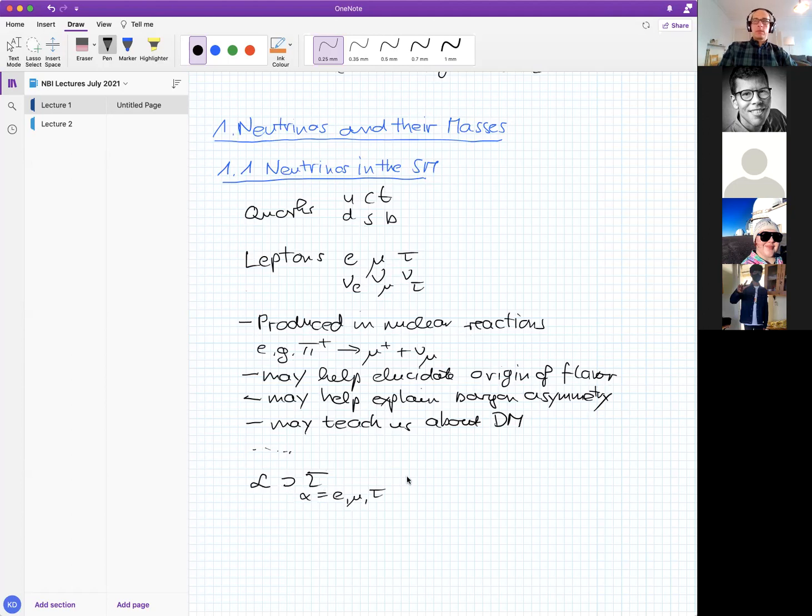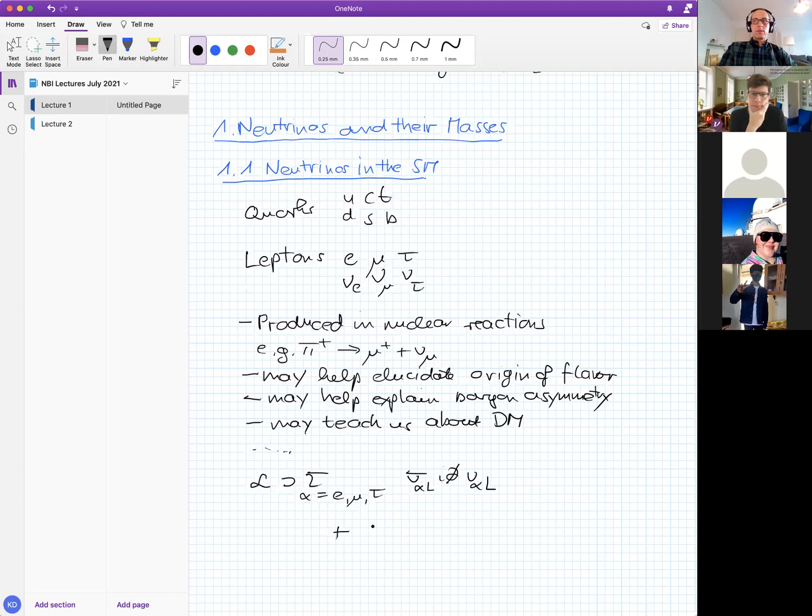Then, of course, each neutrino has a kinetic term that has this structure, nu alpha L bar, i D slash, nu alpha L. So just a regular fermion kinetic term. Note that I'm here introducing only the left-handed component of the neutrino. In the pure standard model, there's only left-handed neutrinos. So the neutrinos are just left-handed Weyl fermions. Once they have mass, of course, we will need right-handed neutrinos, but we'll come to that in a moment.